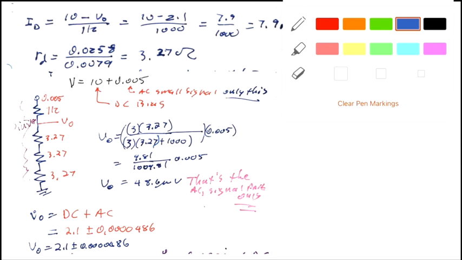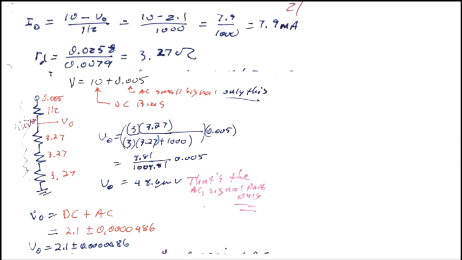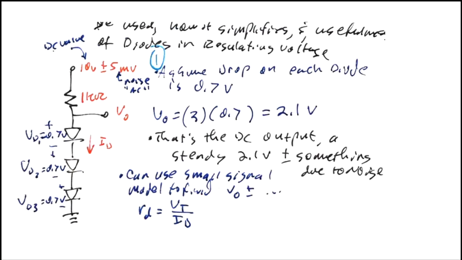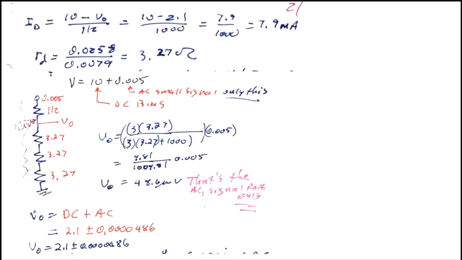So if we work that divider times 0.005, because we were plus or minus 5 millivolts, we now have a 5 millivolt signal, a small signal. Multiply that out. We get 9.81 over 1,000, 9.81 times 0.005. We get 48.6 microvolts.